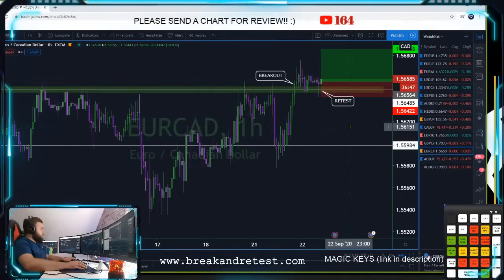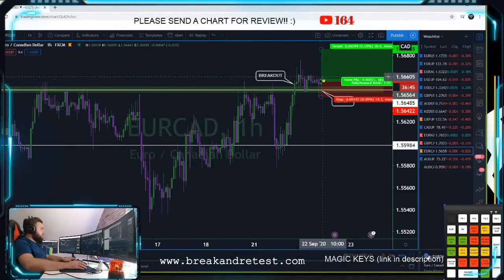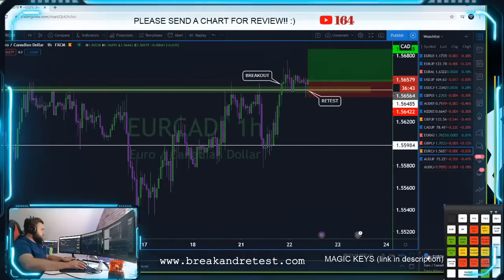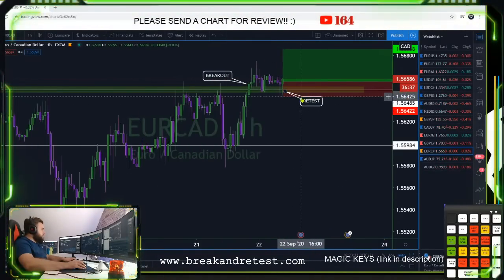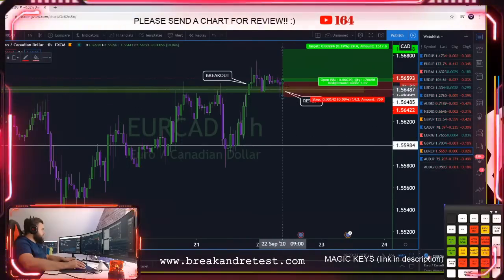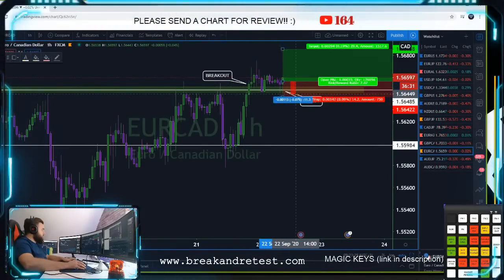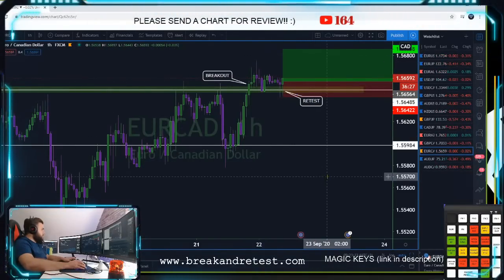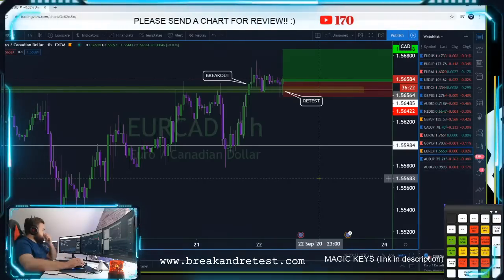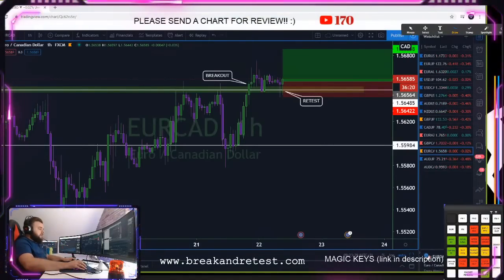This can go a lot more before closing, so we want to catch that move. So I entered here. Stop loss is 10 pips. If it does come down once more, I'm going to enter more, because I left some room if it drops. But this has a very high probability to continue.